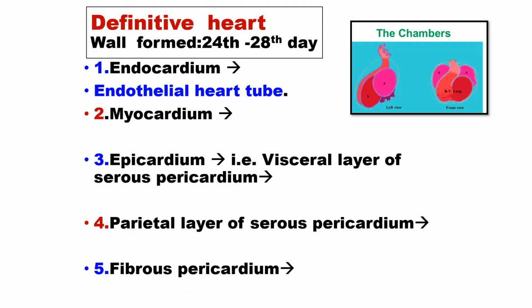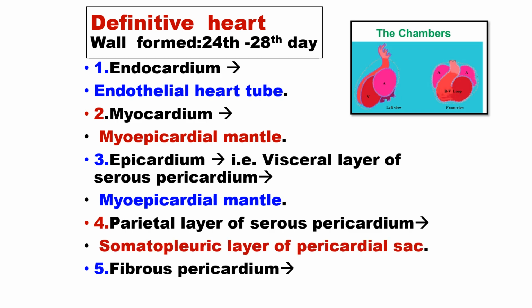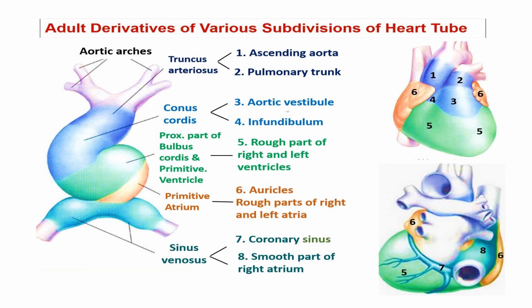The endocardium is derived from the endothelial heart tube. The myocardium is derived from the myoepicardial mantle. The epicardium, the visceral layer of serous pericardium, is also derived from the myoepicardial mantle. The parietal layer of serous pericardium is derived from the somatopleuric layer of the pericardial cavity. The fibrous pericardium is derived from the septum transversum.